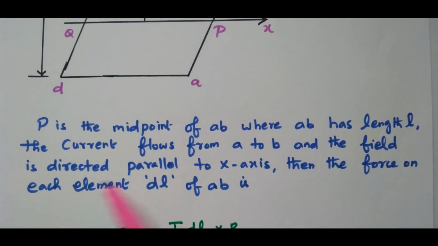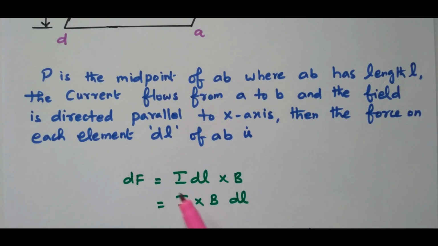The field is directed parallel to the x-axis. Then the force on each element dl of AB is, L is the total length, dl means a small length in the conductor AB. What is the force? I dl into B. The general formula is BIL, current into length into B.